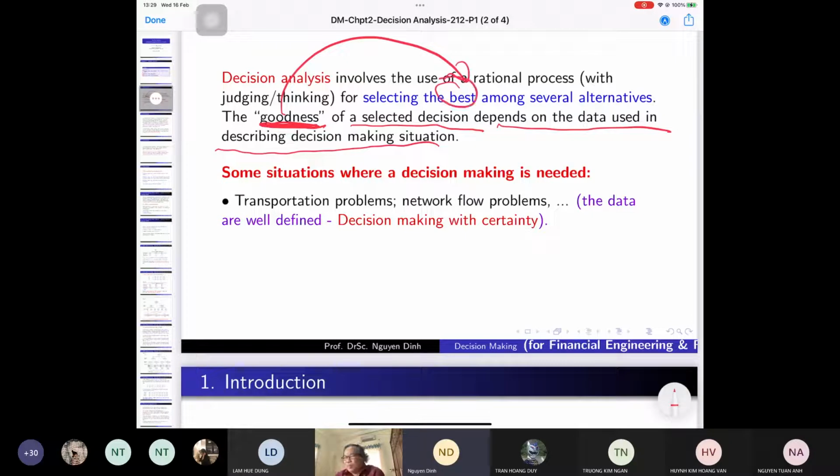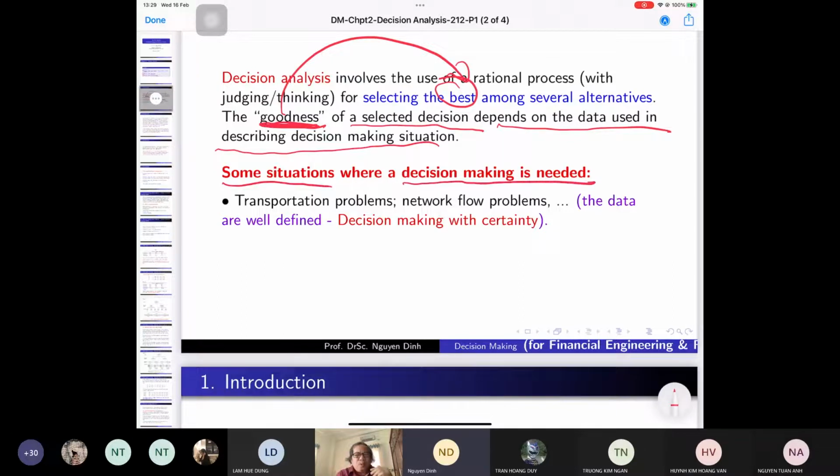The goodness of a selected decision depends on the data you use in the process of analysis to make a decision. Some situations where decision making is needed.